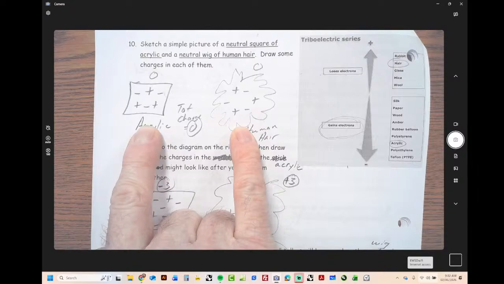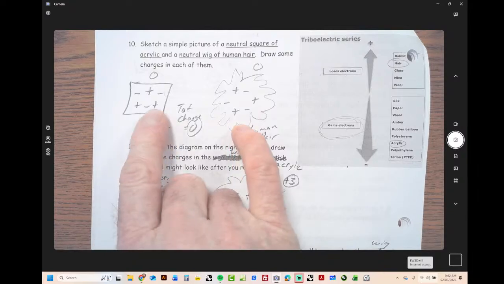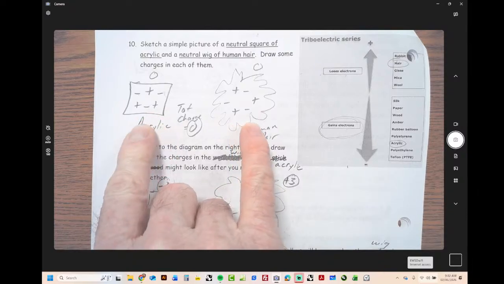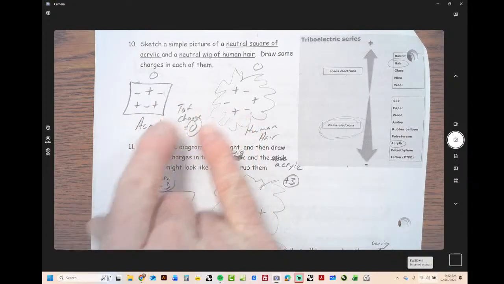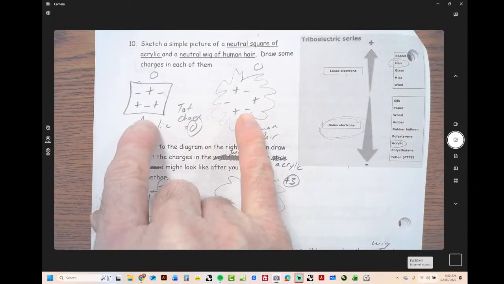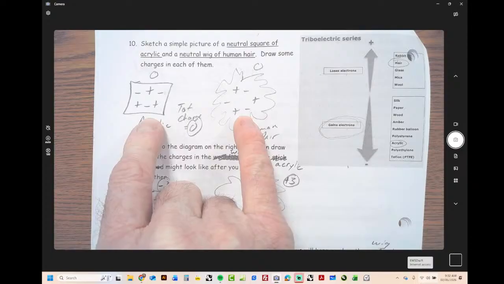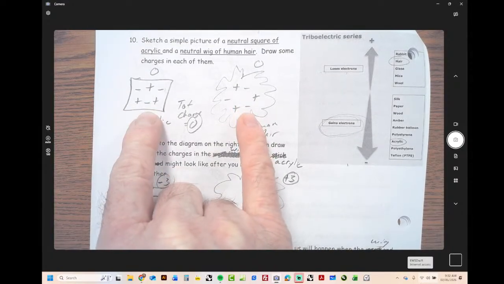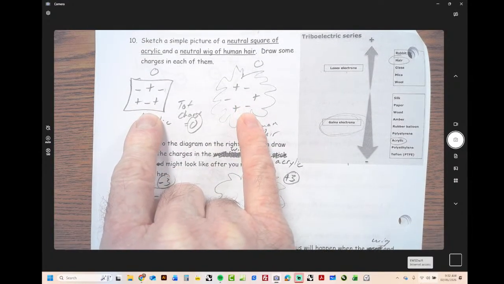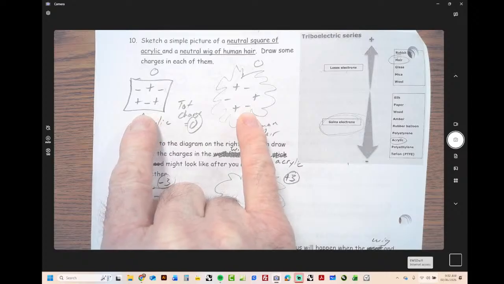And when you rub them together, the important thing about what's called the law of conservation of charge is you rub these together, the electrons move around. What happens to the total charge of these two if you add it up? Does it become more positive, more negative, or stay the same? Stays the same.